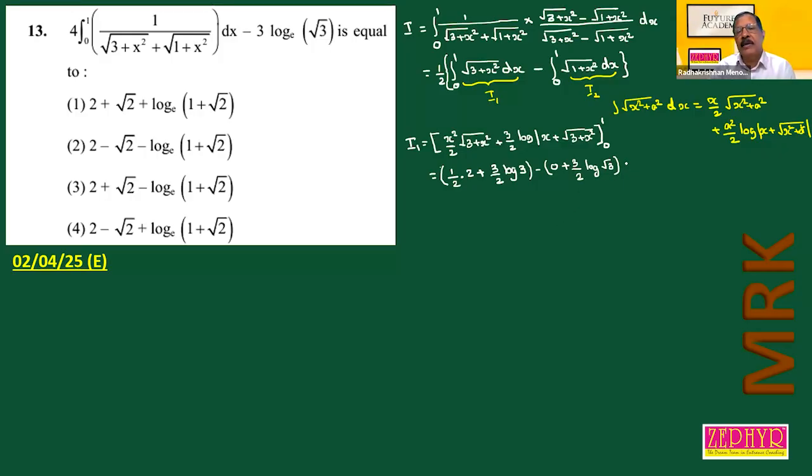When you simplify, you will be getting what? 1 by 2 into 2, that is 1. 3 by 2 log root 3 minus 3 by 2. You can write this as 1 plus 3 by 2 log 3.